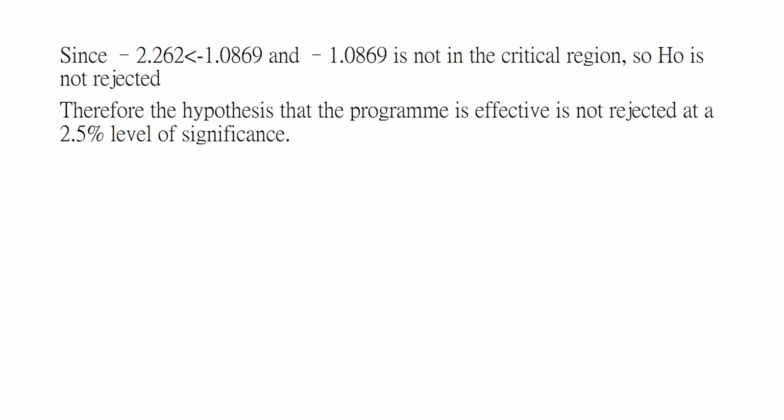Since negative 2.262 is smaller than negative 1.0x69, and negative 1.0x69 is not in the critical region, the null hypothesis is not rejected. Therefore, the hypothesis that the program is effective is not rejected at a 2.5% level of significance.